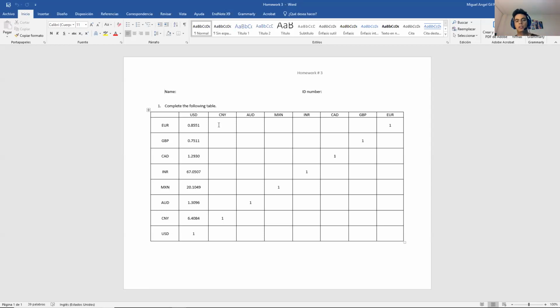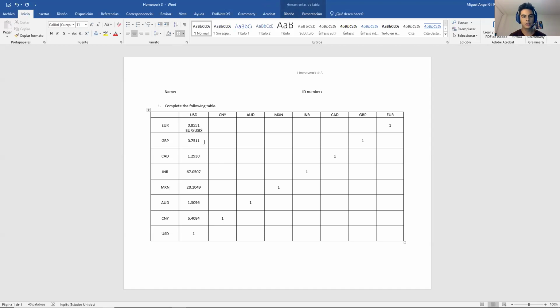So computers use a table similar to this, because here you have different cross rates that are all tied to the dollar. For instance, this very first rate is 0.8551 euro over dollar.